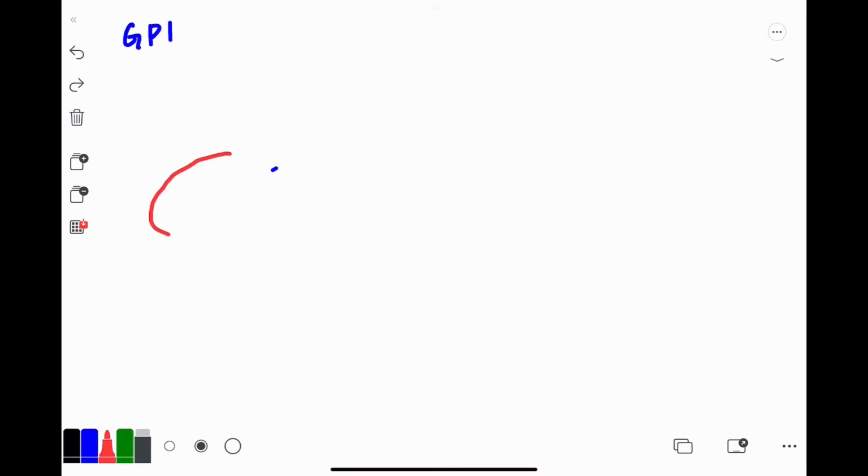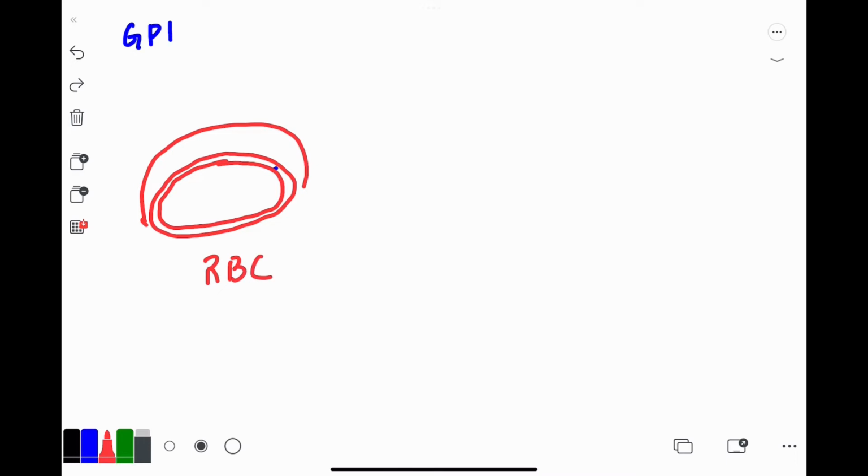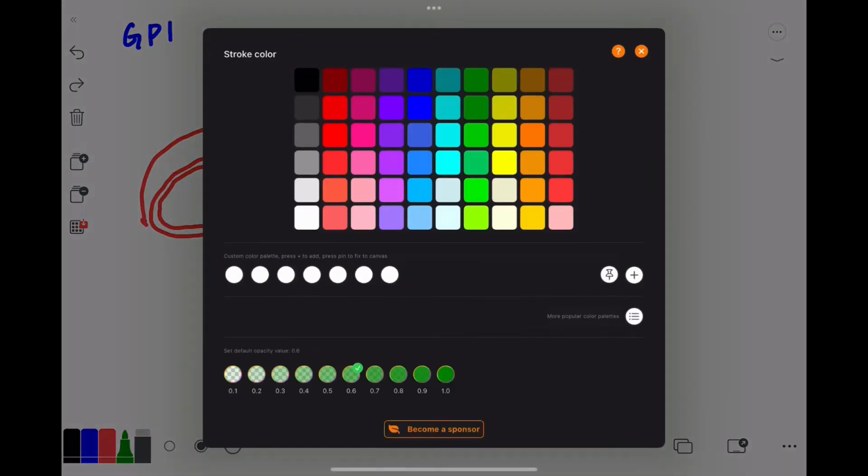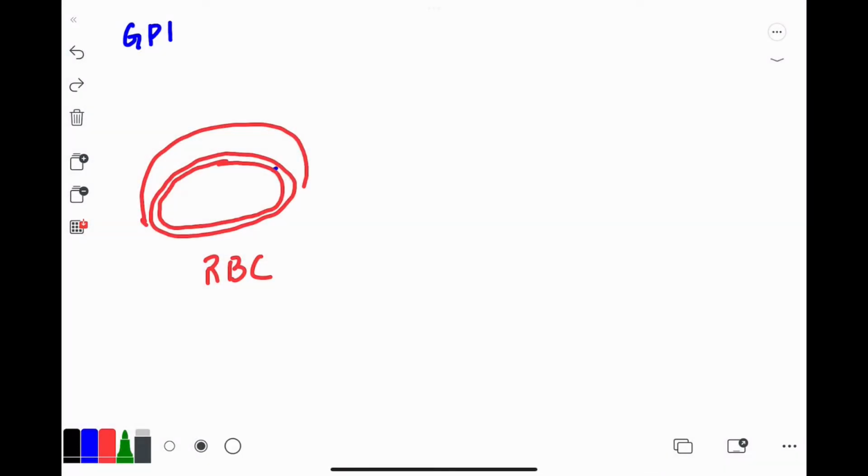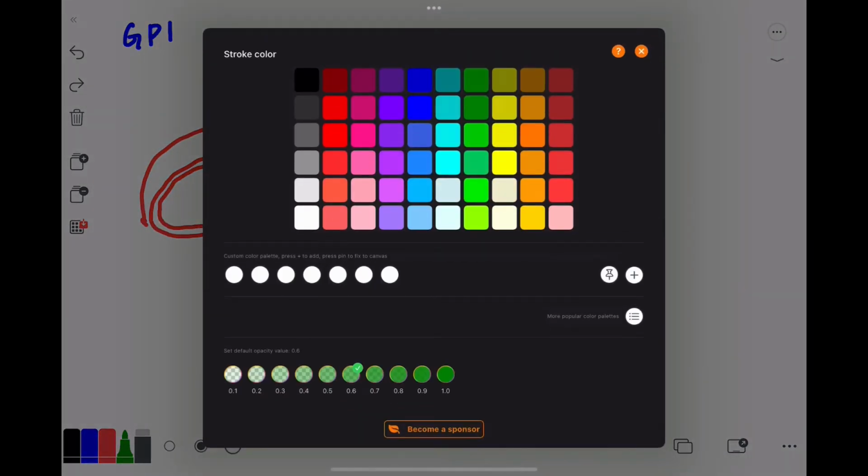What does it do? Suppose this is the red blood cell, the RBC membrane basically, and I'm trying to give it a 3D look. This RBC membrane has certain GPIs, and to these GPIs proteins are attached. These are the complement regulatory proteins.